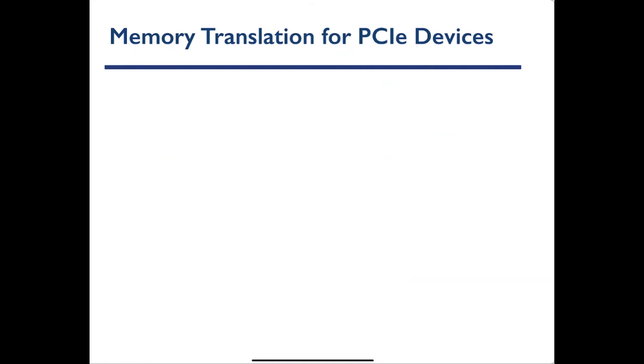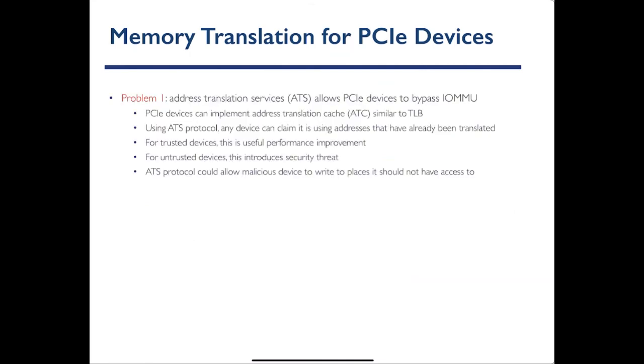Now, when it comes to PCIe devices, there are some challenges. The first one is that, the same way that you could have proprietary DMA engines implemented inside your device, you could have TLBs implemented inside your device.